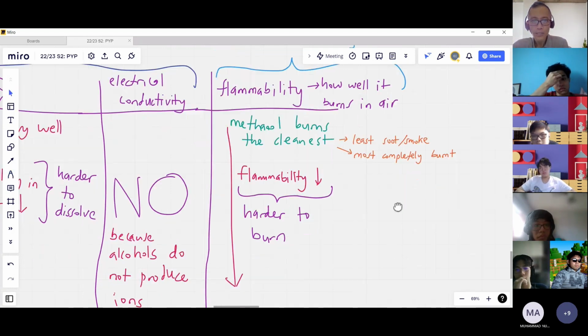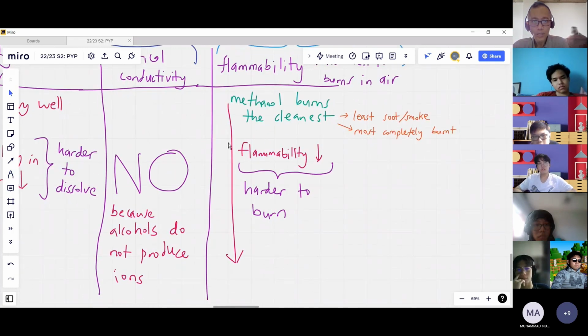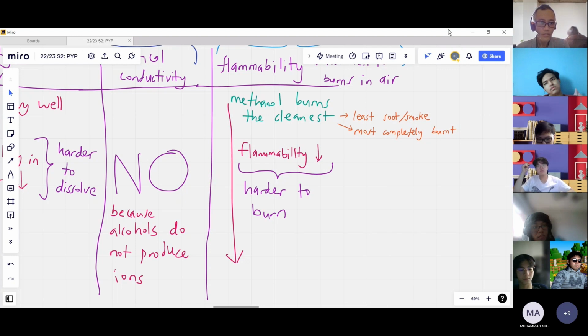But can you guys highlight, as you go down the family, your flammability decreases. It becomes harder and harder to burn. And of course, that also means your burning becomes less clean.